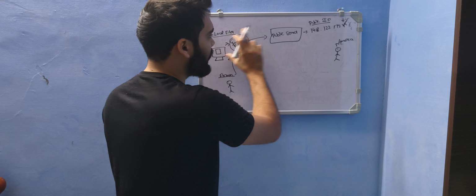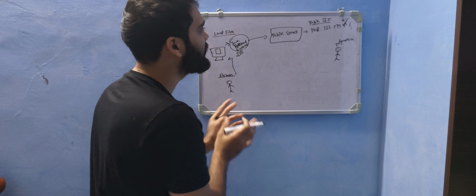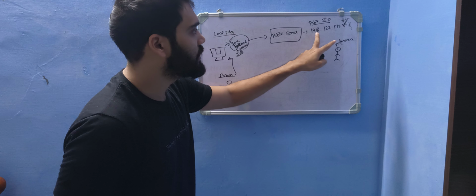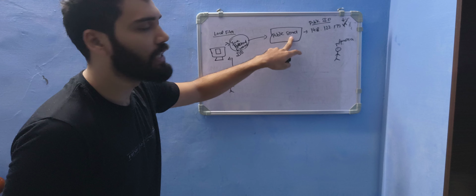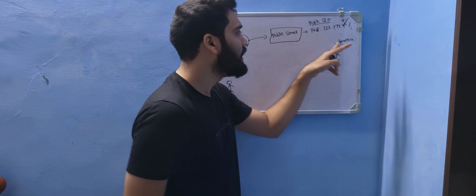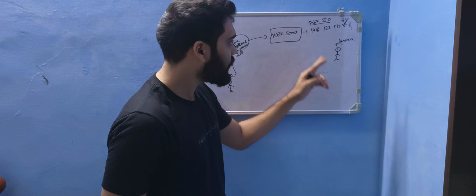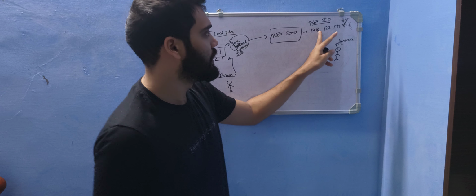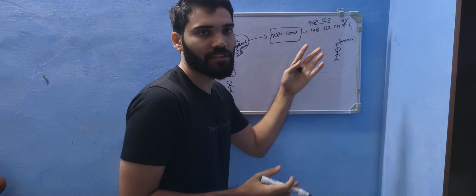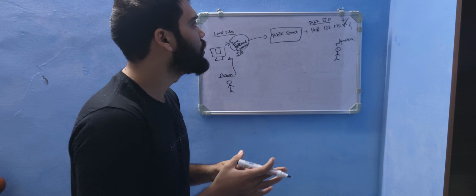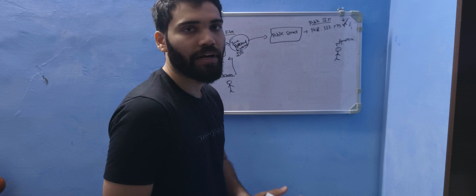So now all the files are inside this IP. If the user searches for this IP, it will go directly to the public server, fetch all the details, and give them to the person. But we can't simply go and search for these numbers. People can't understand these numbers, and they are not able to remember them every day, right?